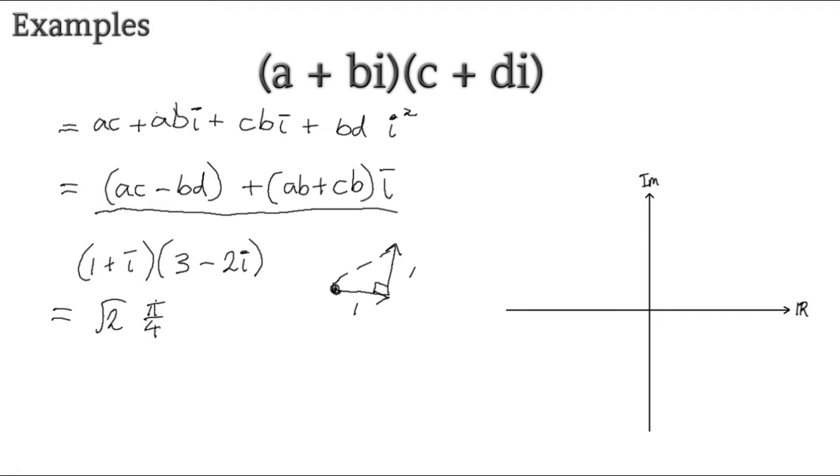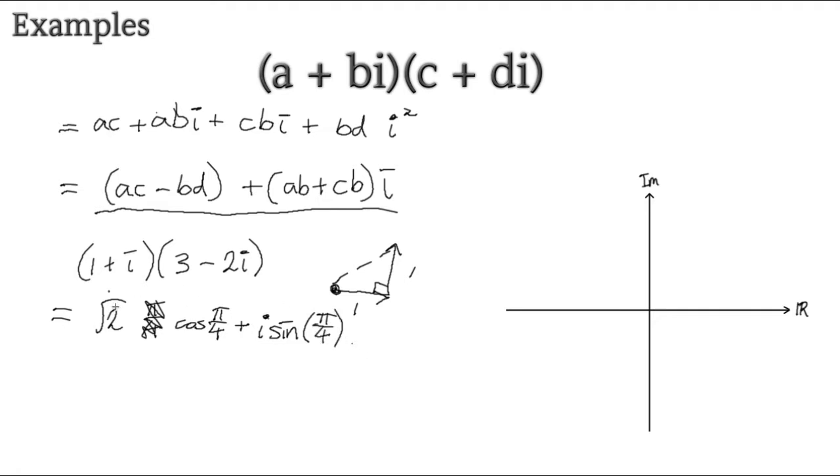So I want to put it into cosine pi on 4 plus i sine of pi on 4.